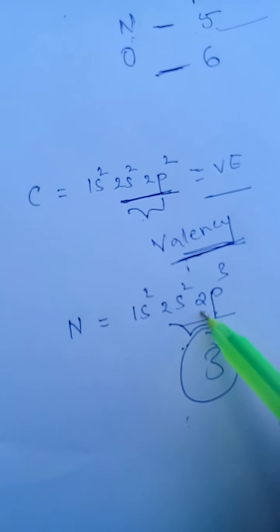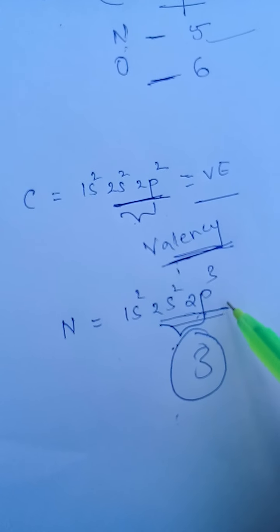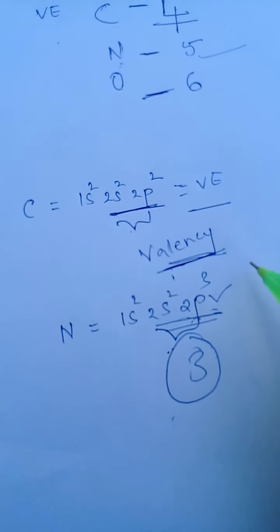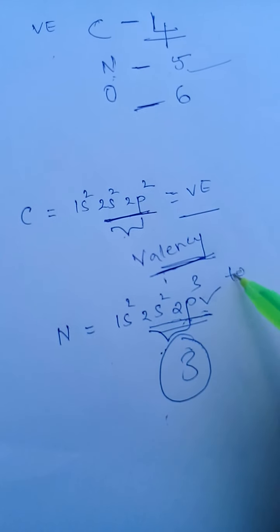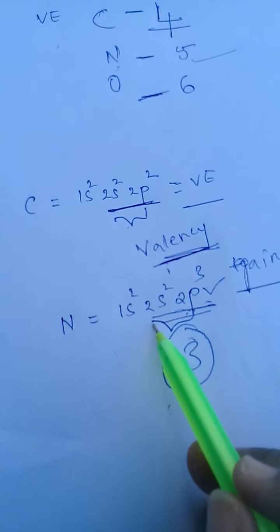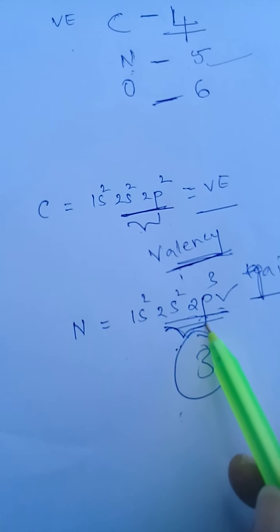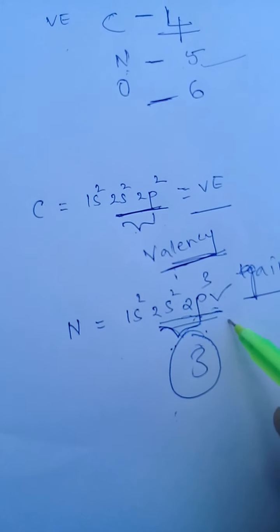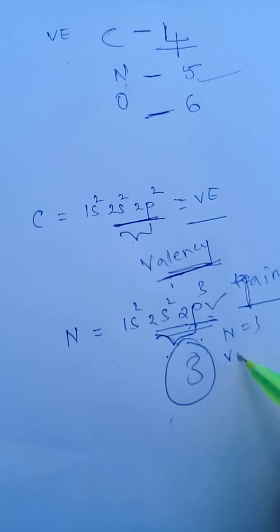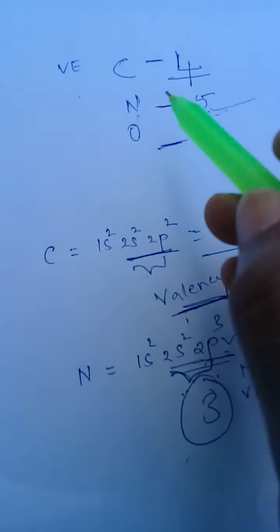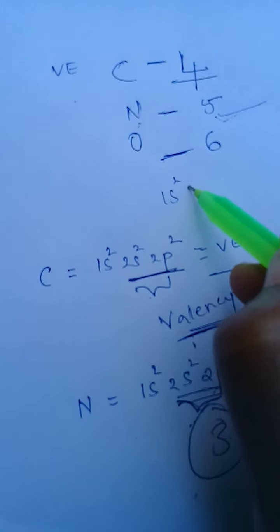In the outermost shell, to attain a stable configuration, this outer shell gains 3 electrons, and then it gets a stable configuration. So the valency for nitrogen is 3 and valence electrons for nitrogen are 5.